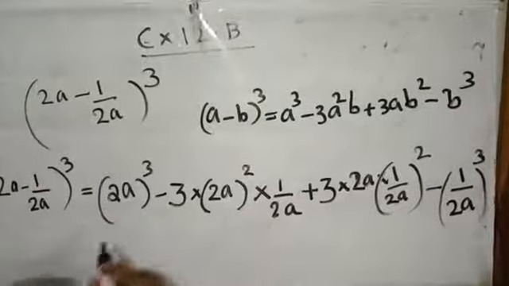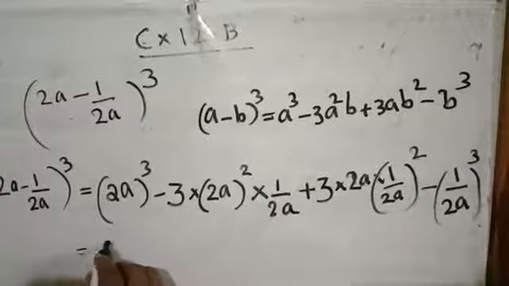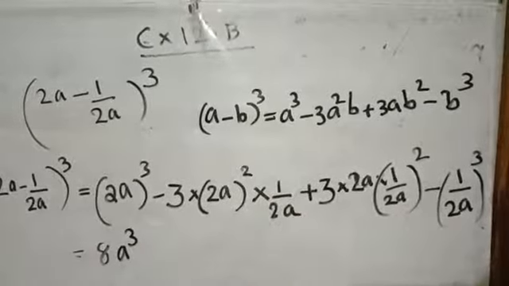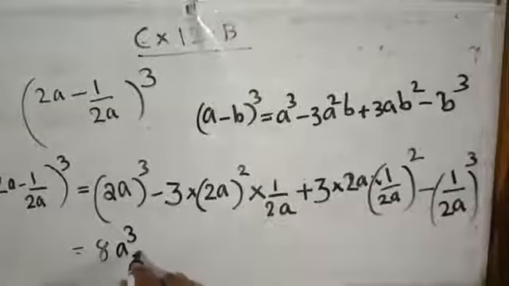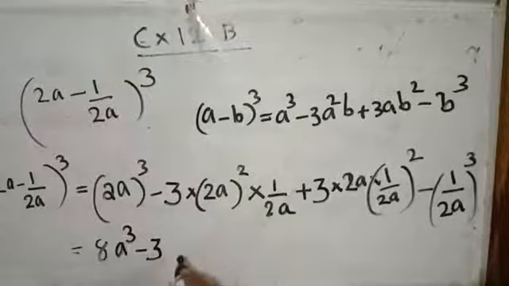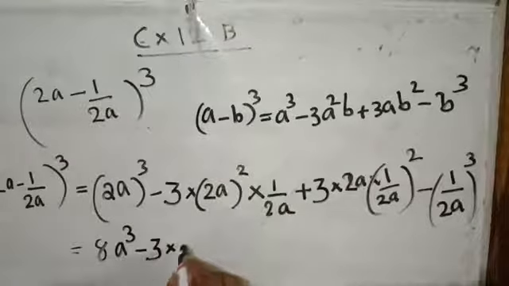Now 2a the whole cube. 2 2s are 4, 4 2s are 8. 8a cube. 8a cube minus 3 into what is 2a square? 2 square 4.